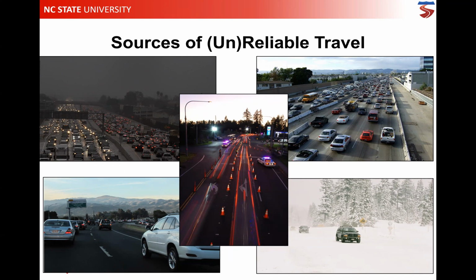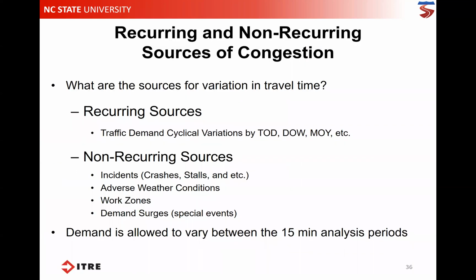And what we model here is the ability to extract weather data for a number of metropolitan areas in the US. So the sources: traffic demand, cyclical variation, either by time of day, by day of week, by month of year. What Behzad talked about in the database, all of these are reflected in the database.